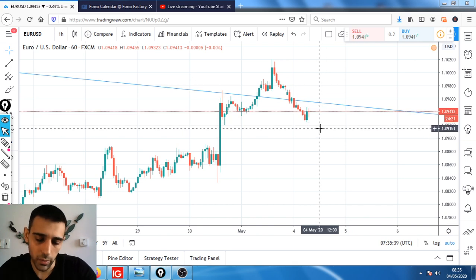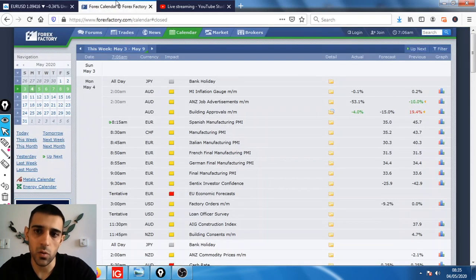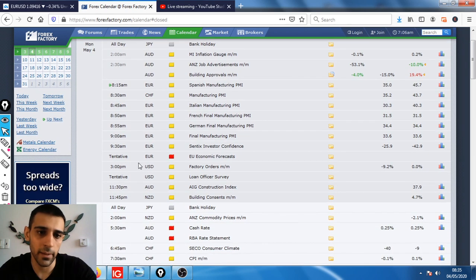The one more thing we need to keep in mind is the news. On the Euro side, we've got European Union economic forecasts, so that can affect the euro. The one thing is we do not know when it's going to be out. I personally don't like it when they release news out of the blue, because it can come out anytime really.